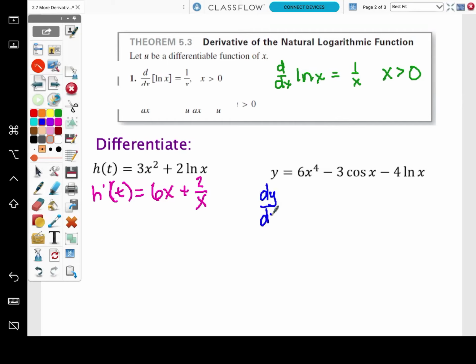Next one, find the derivative. Okay, 24x cubed. Derivative of cosine, remember, was negative sine, so plus 3 sine x minus 4 over x, our new rule on this slide. Did you get those?